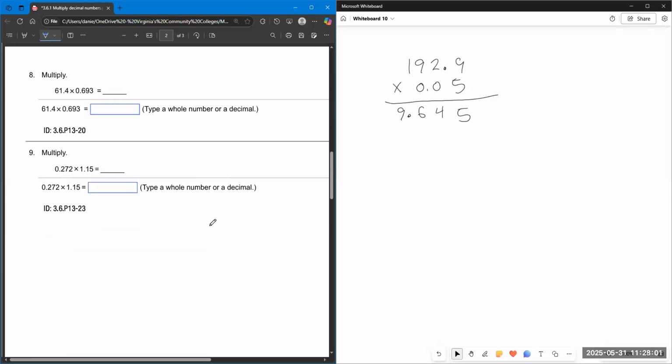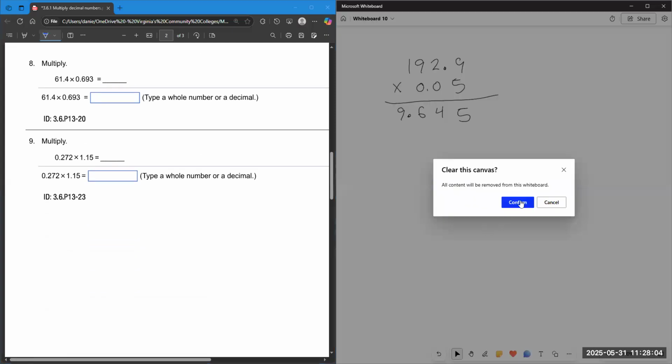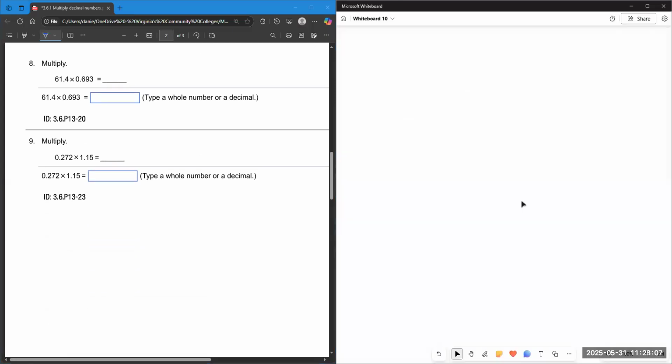Just 2 more problems here. So I'm going to put the one with more place values on the top, and the one with less place values on the bottom. 4 times 3 is 12. 36 plus 1 is 37. 24 and 3 is 27. 0 and carry. 1 and 3 is 3. 1 and 9 is 9.